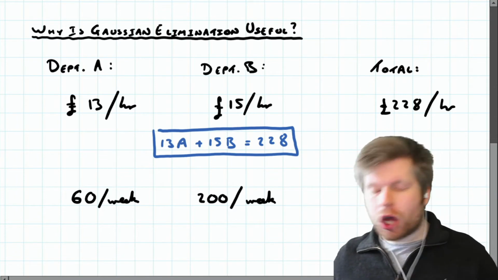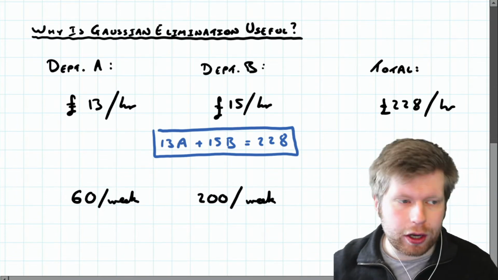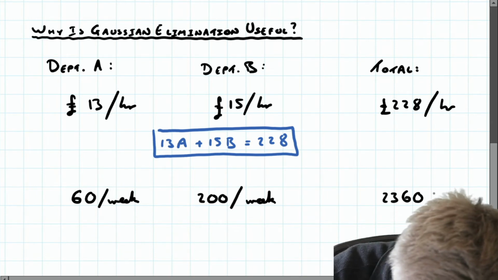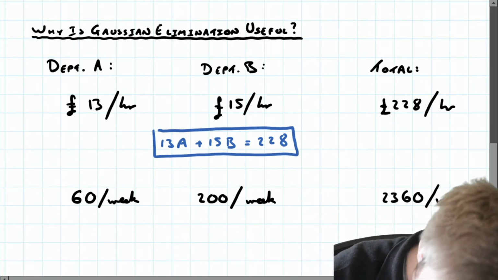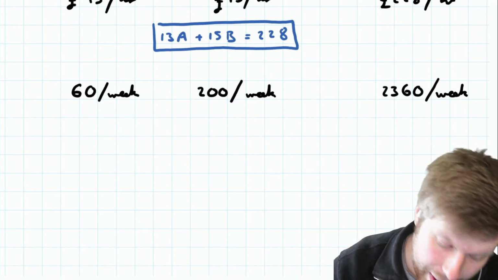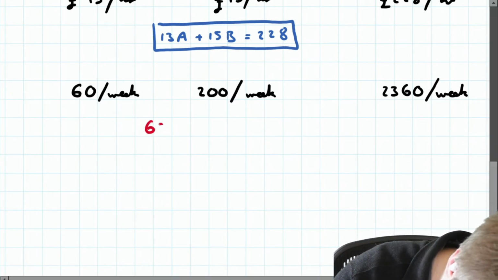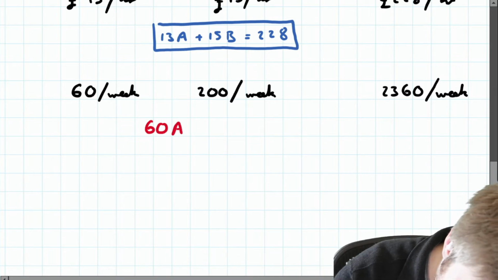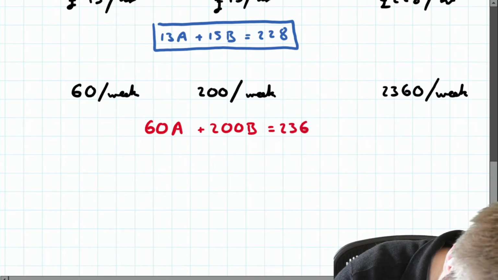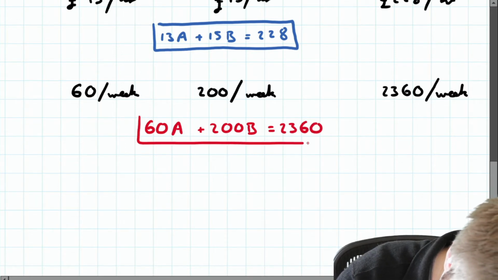And I know that the total number of hours across all the workers is 2,360 hours every single week. Now using this, I should be able to form a similar equation to how I formed with the hourly pay, which would be 60 times the number of workers in Department A plus 200 times the number of workers in Department B. That should add up to the total number of hours every single week, which is 2,360.